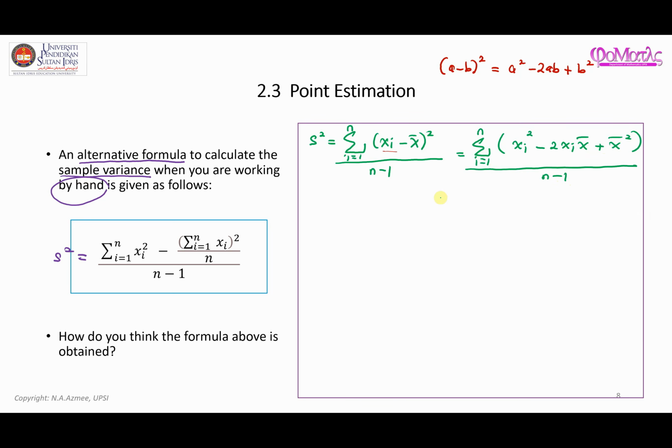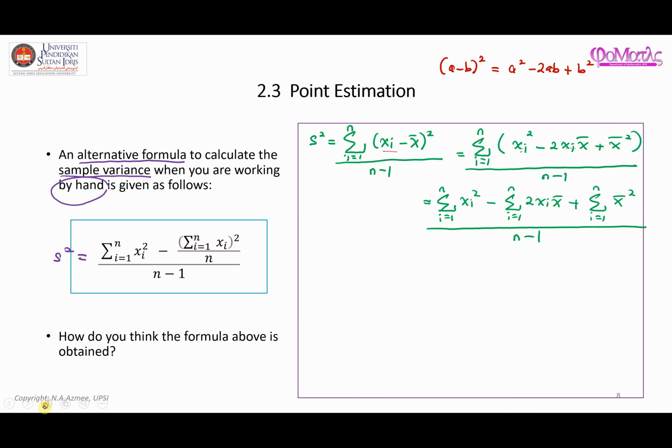Right, next what I'm going to do is separate the terms here accordingly. Okay, I'm just going to open this bracket and separate them accordingly. So this will become the sum from i equals 1 until n of xi squared, minus the sum from i equals 1 until n of 2 xi x bar, plus n, the sum from i equals 1 of x bar squared, over n minus 1.